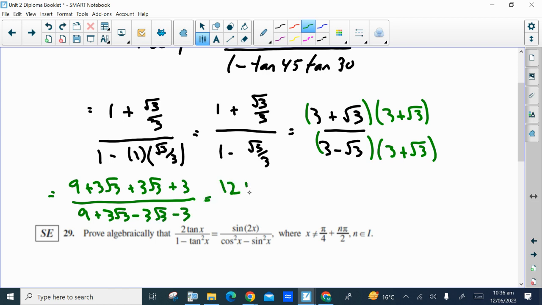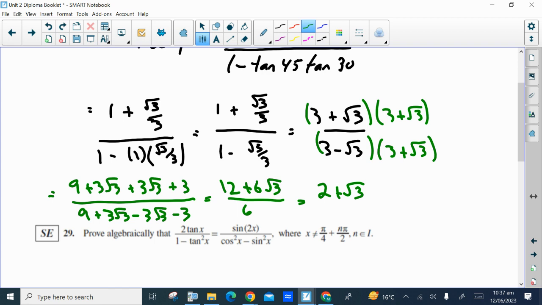This will give us 12 plus 6 root 3 all over 6. And now we can divide everything by 6, and we'll get 2 plus root 3. All three terms are divisible by 6, so we can do that. It'll be 2 plus root 3 over 1.